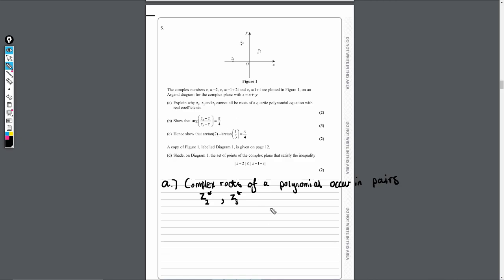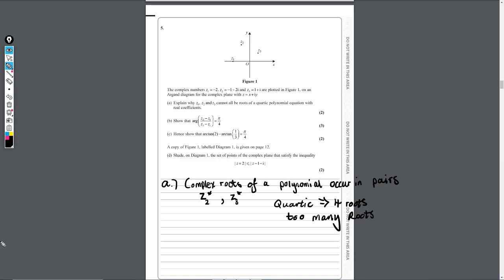So the issue is we've got 5 roots there, but remember a quartic polynomial only has at most 4 roots. So the issue is we've got too many roots, so therefore these can't be all the roots of a quartic polynomial. We'd have too many roots. Okay, so that's just the idea there. We've got too many roots for part A.